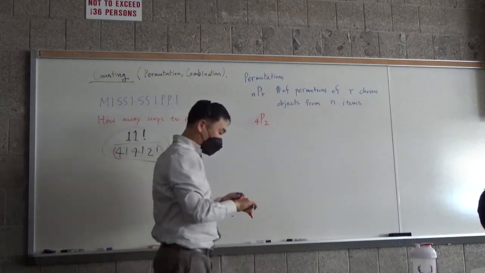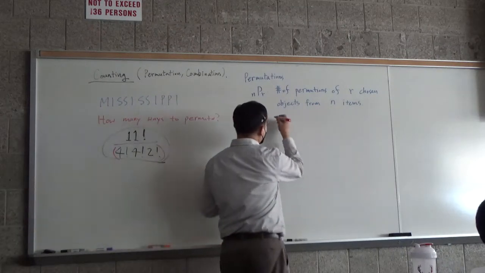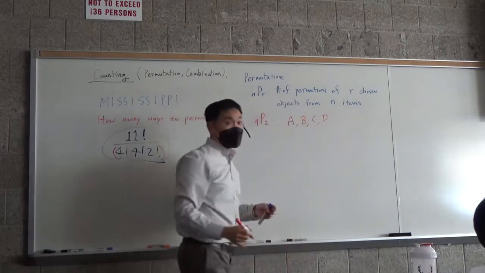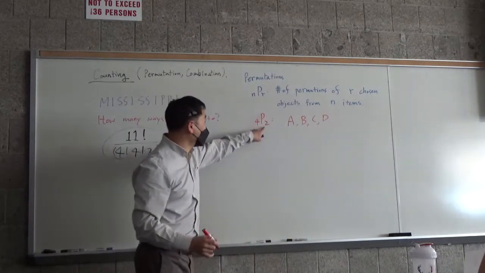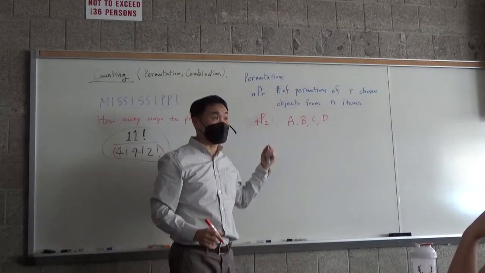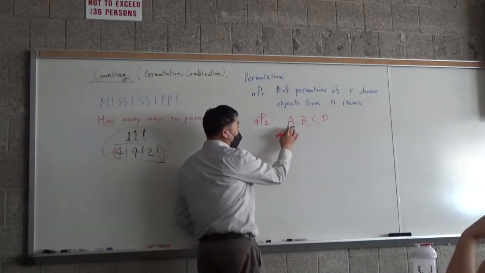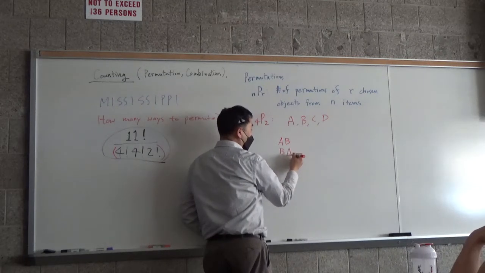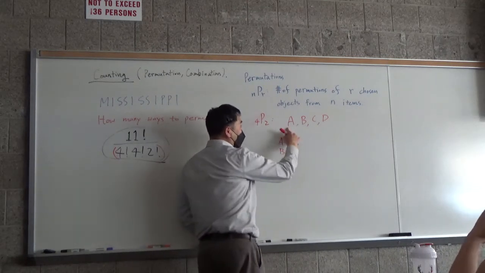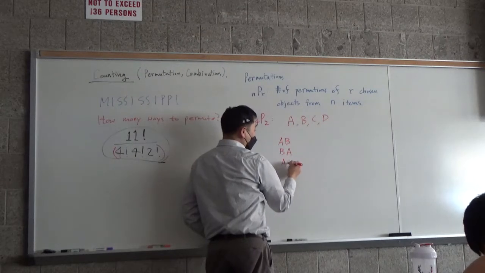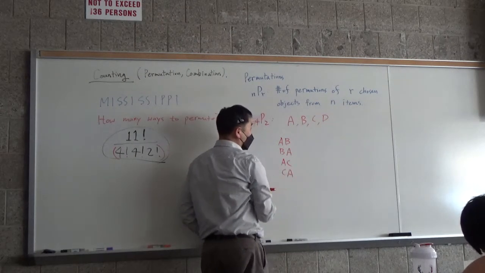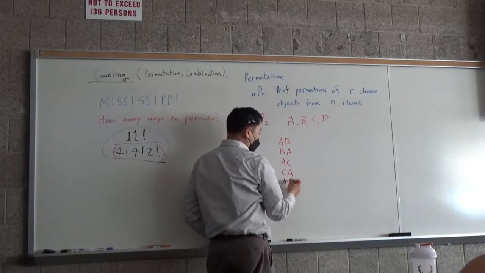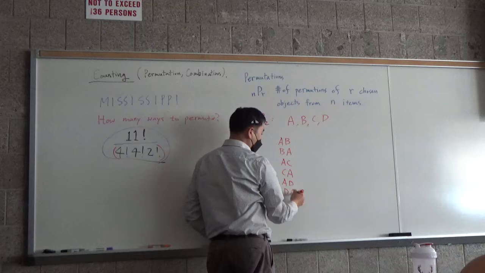Think of you have A, B, C, D, but now you're choosing 2 objects from here and permuting. So if you chose A and B, it could be AB or BA, right? If you chose A and C, it could be AC, CA. If you chose A and D, it could be AD, DA.